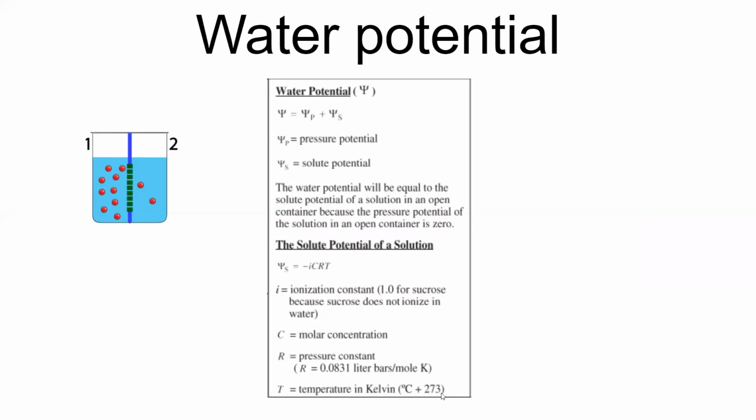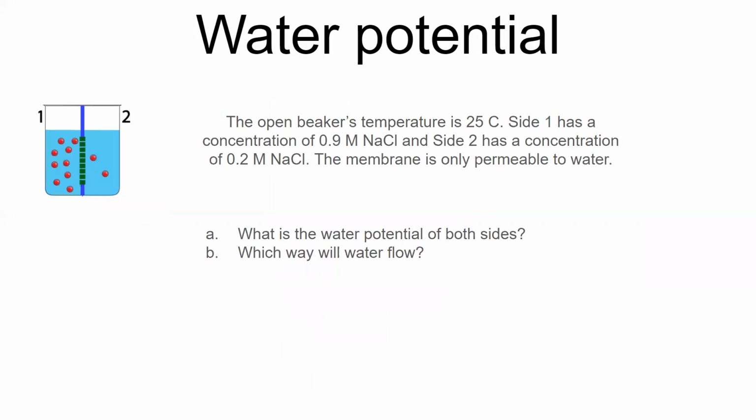So I want to do a practice problem here. It's got these two things here. I'm going to give you maybe a minute to solve this, and then I'm going to go through how to do it.